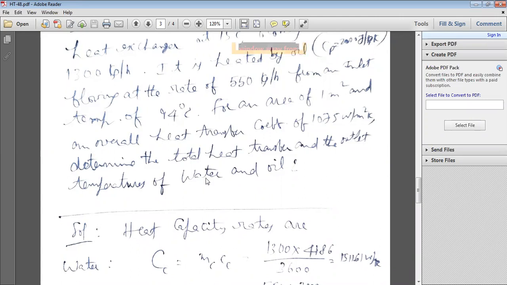That is the same as the earlier problem. But here again you have to calculate the actual heat transfer rate, the outlet temperature of water, the cold fluid, TC2, and the outlet temperature of the hot fluid, TH2.